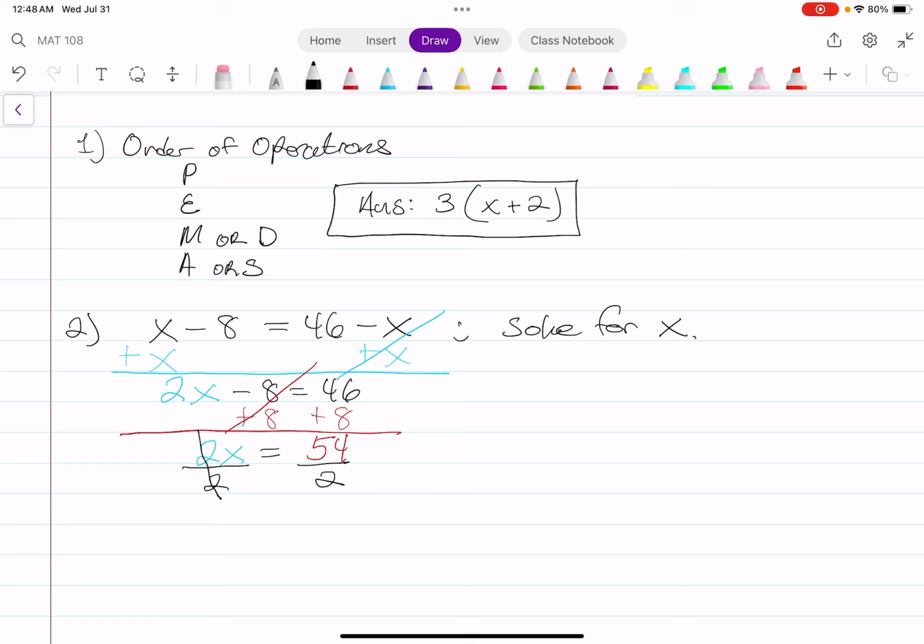It does not cancel, because cancel means to make 0. So the 2's simplify each other out. x equals 54 divided by 2, and that is 27. And you can always check to see if your solution works by plugging it into the original equation. But we're going to assume that it works in this case.